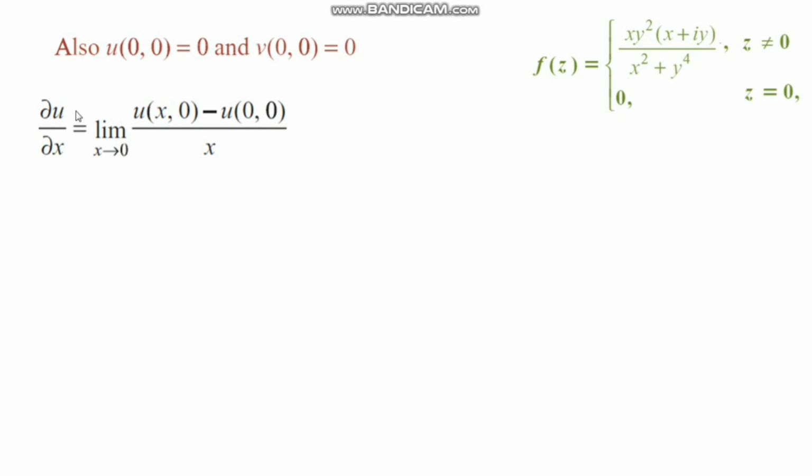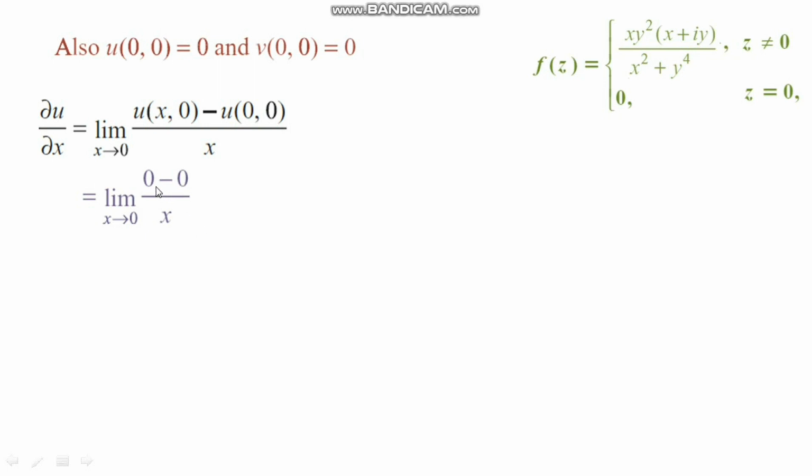Consider the first order partial derivative of u at the origin, whose definition is limit x tend to 0 of u(x,0) minus u(0,0) by x. It is only the first order partial derivative of u with respect to x at the origin. u(x,0) means only the real part, that is x square y square by x square plus y power 4.